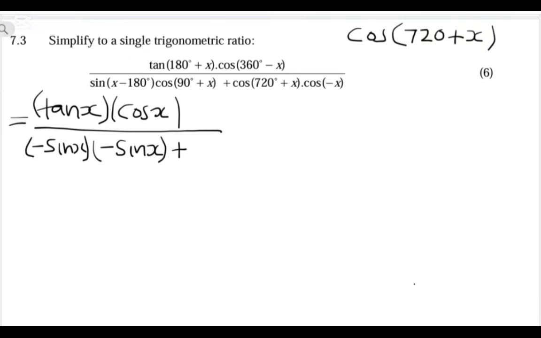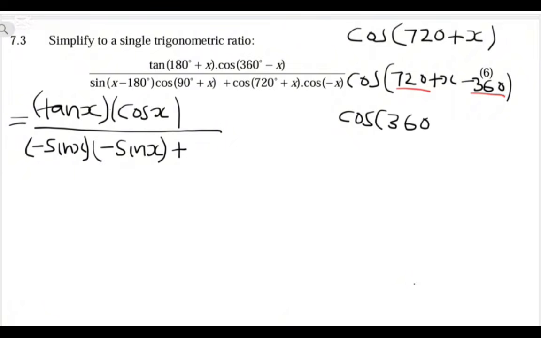Some other people can figure out whether cos is going to be negative or positive, but for those who don't understand, we're just going to do it this way. 720 plus x, we're going to subtract 360. Put that in your calculator: 720 minus 360 is going to give you 360 plus x.